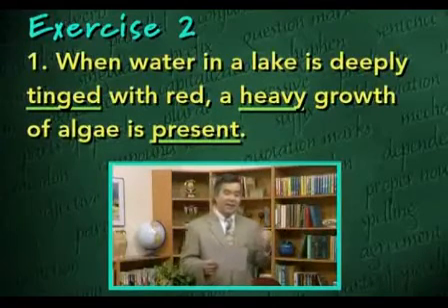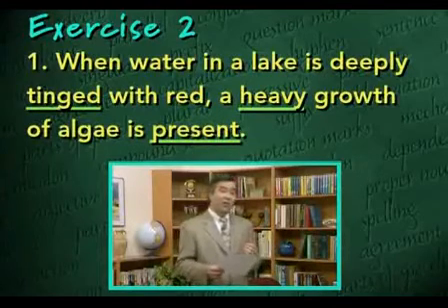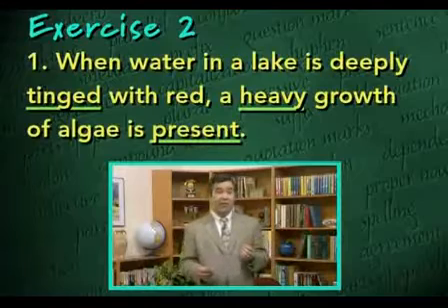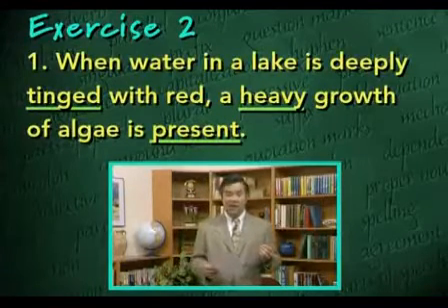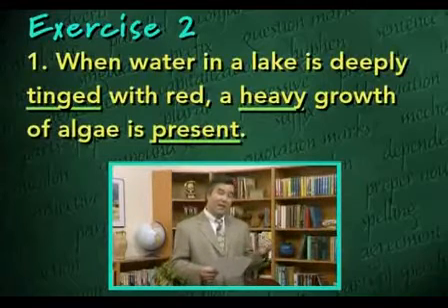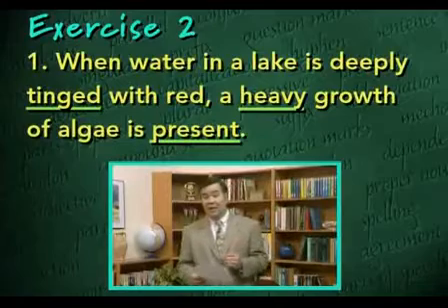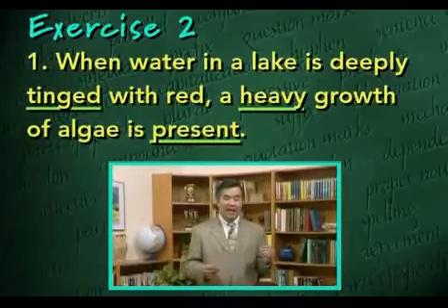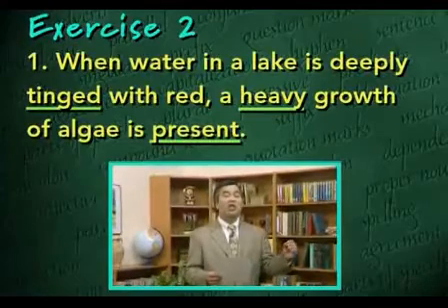You might have been tempted by the word red, because the word red is often used as an adjective. You might refer to the red ball that came bouncing down the street, in which case red is an adjective describing the noun ball. In this case, however, red is being used as a noun. The sentence says that the water in the lake is deeply tinged with red.